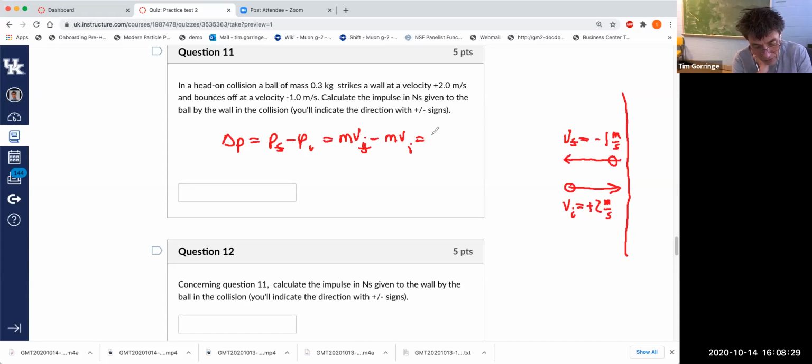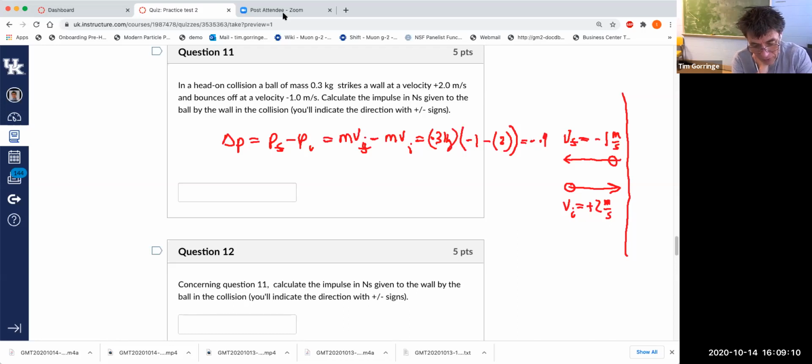The mass is 0.3 kilograms. Let me pull the mass out as a common factor. Velocity change, what's that? Well, the final velocity is minus 1 meters per second. The initial velocity is 2 meters per second. I've got to subtract that. And so that's going to be minus 3. Minus 3 times 0.3 is going to be minus 0.9.